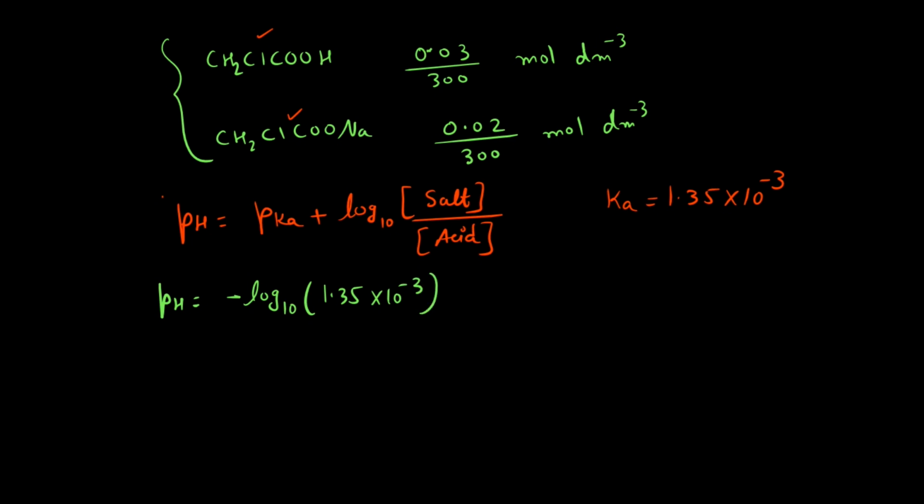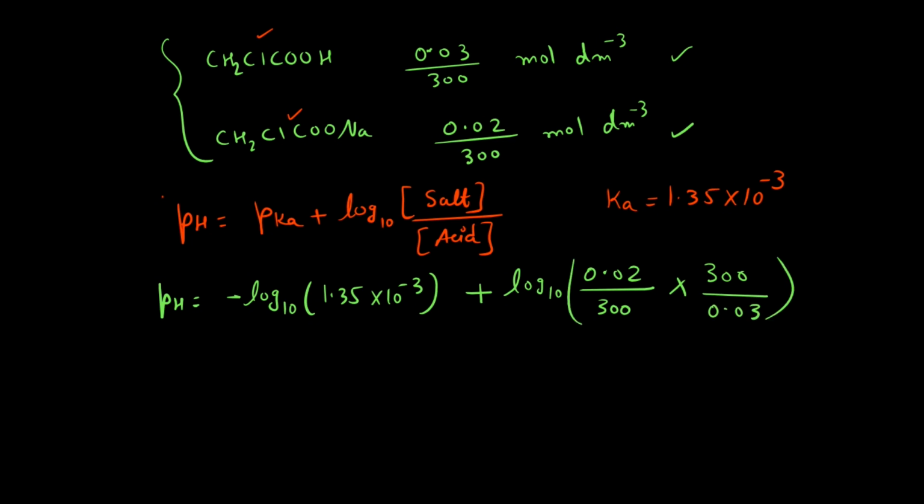So this is our pKa plus log to the base 10 of salt, which is 0.02 divided by 300, and then this will be divided by this acid. Acid is this one. So when we arrange we will get this. So this 300 cancels out.